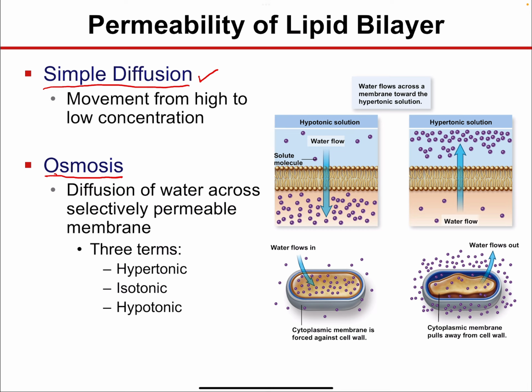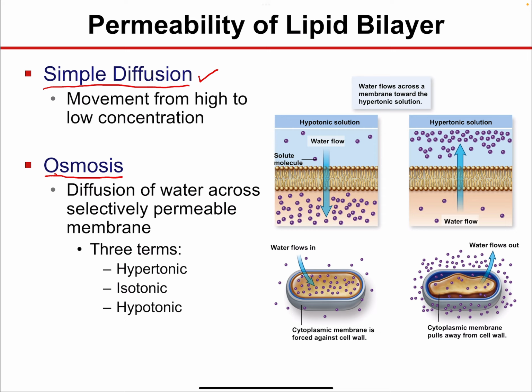When we consider the cell in a given environment, are the solutes, and when I talk about solute, I'm thinking about sugars, I'm thinking about salt, just to name these two examples. Are these solutes more concentrated outside of the cell compared to inside of the cell?